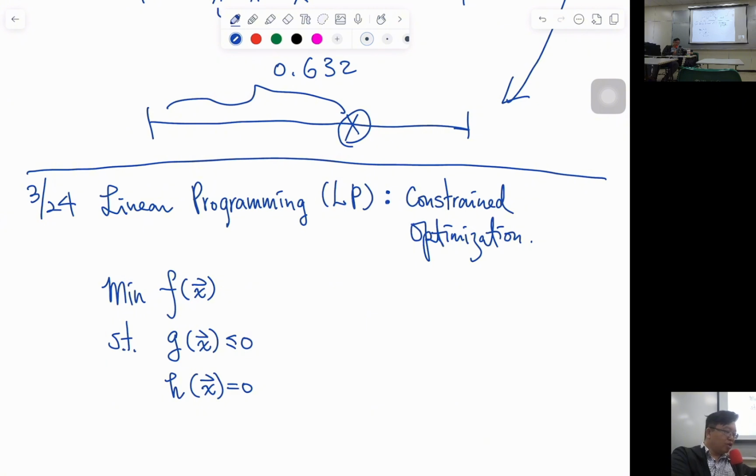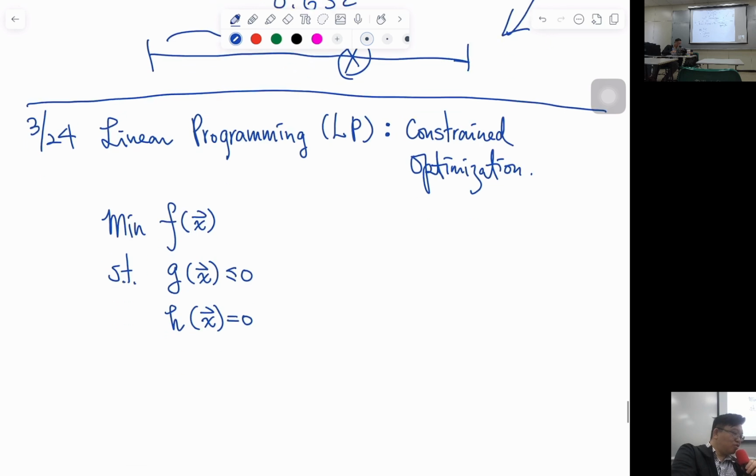How do we transform this equation into a standard form for linear programming? When we use linear programming, obviously you are dealing with linear functions. So when we face this general optimization formulation, we have to do something to make everything linearized.